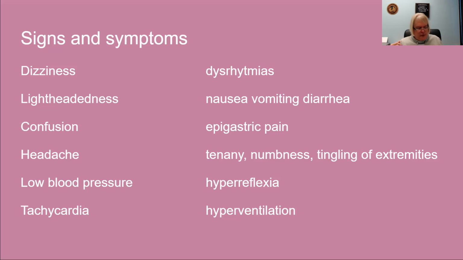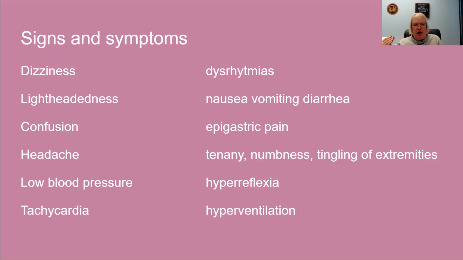Now, let's back up for a second. If I know that they are in respiratory alkalosis and they're in a panic attack, how many of the signs and symptoms on this slide can you not come up with when you think panic attack?